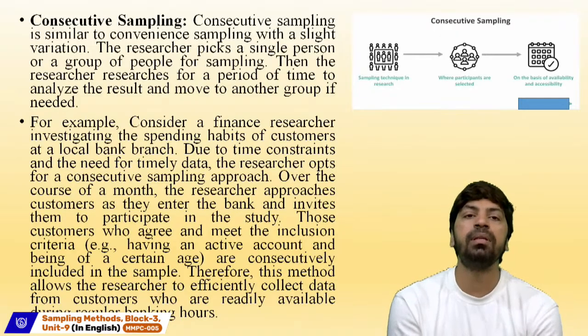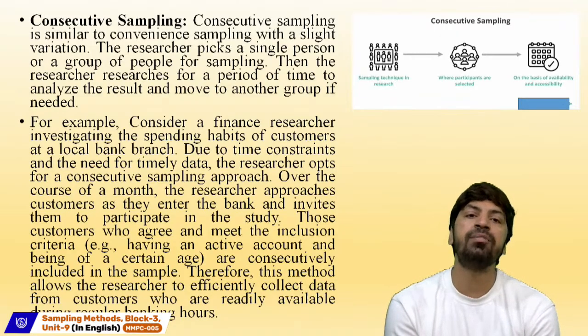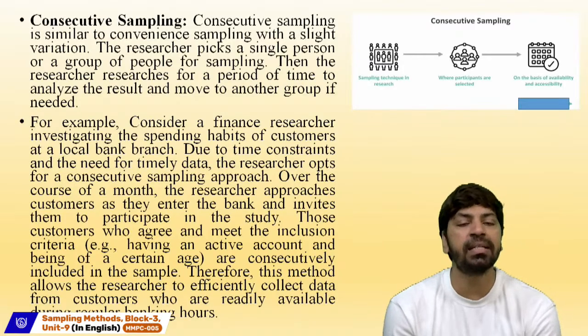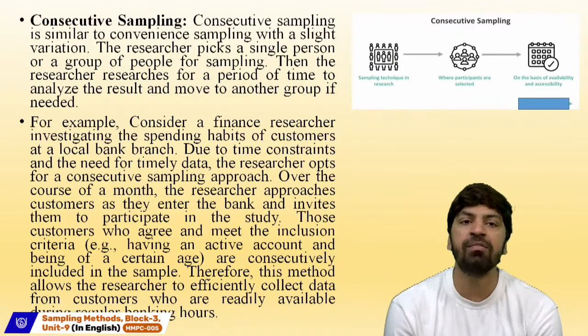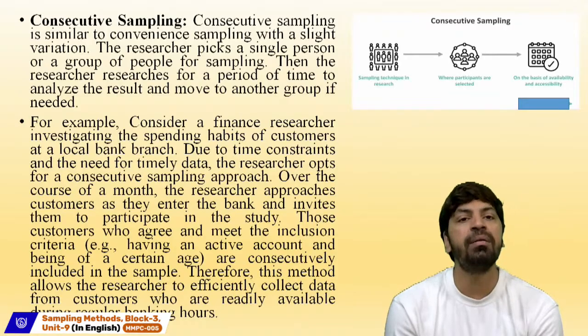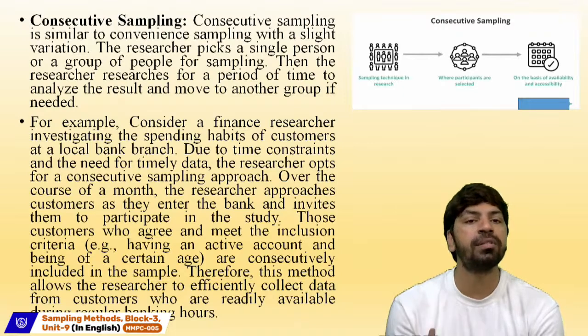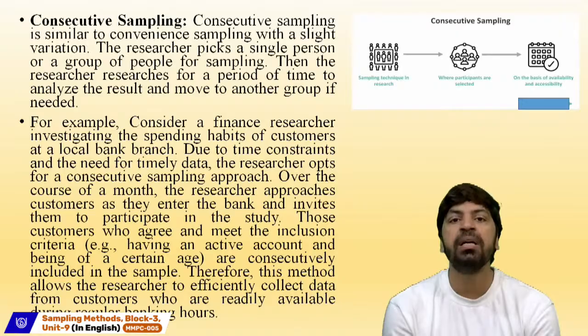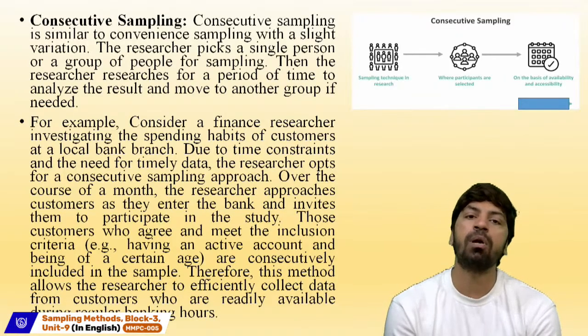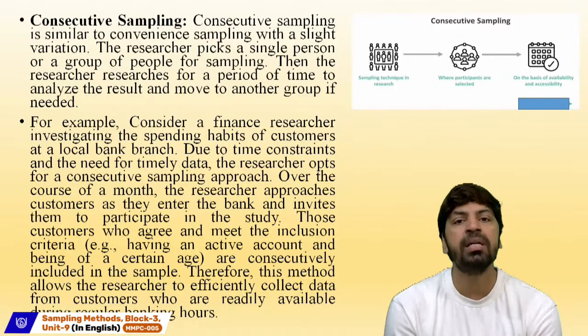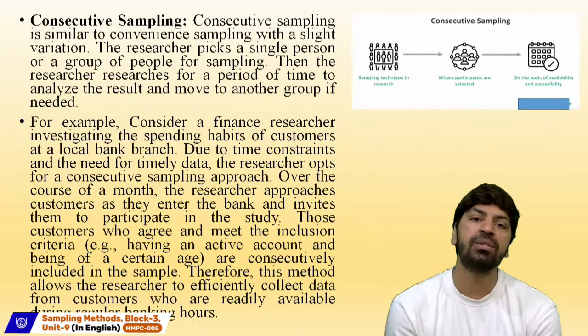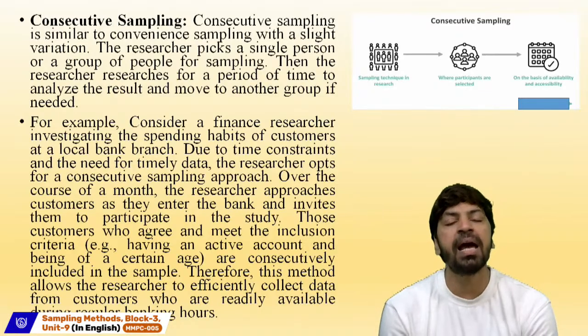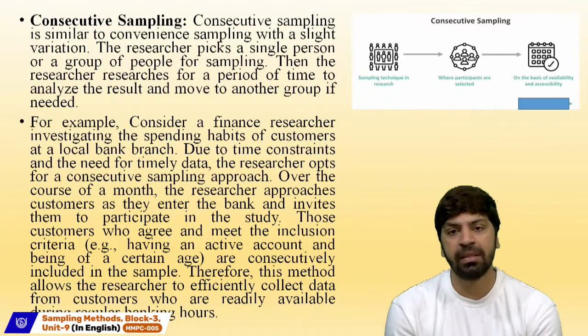For example, consider a finance researcher investigating the spending habits of customers at a local bank branch. Due to time constraints and the need for timely data, the researcher opts for a consecutive sampling approach. Over the course of a month, the researcher approaches customers as they enter the bank and invites them to participate in the study.